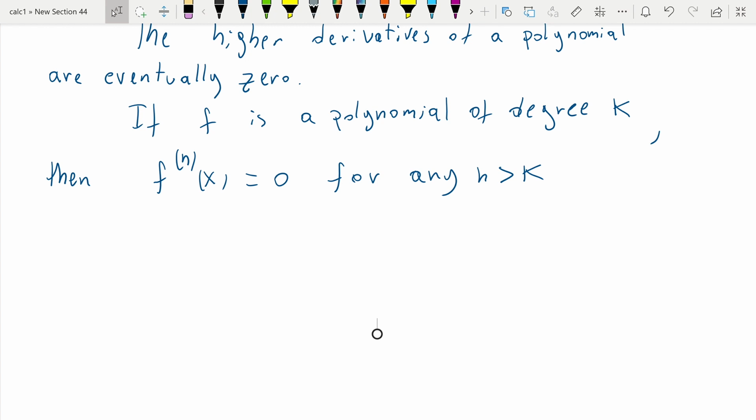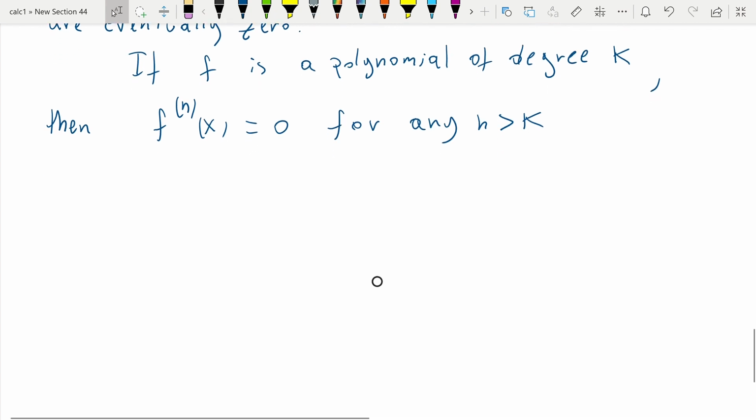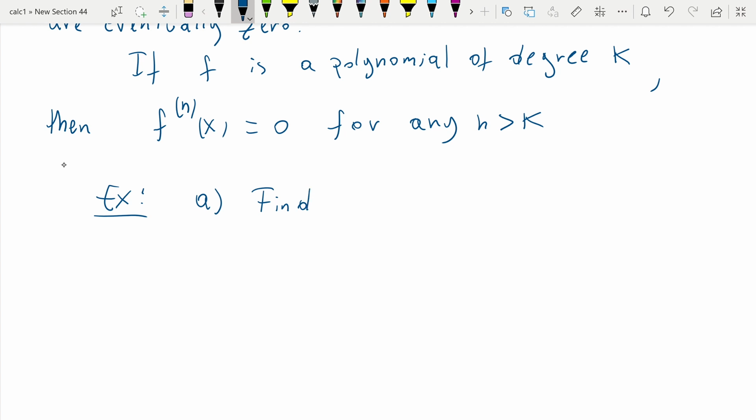Another kind of problem, which is much more popular, there are many variants, but this is something that I can bet you're bound to see in the next midterm, is to find a pattern for the nth derivative of a given function.